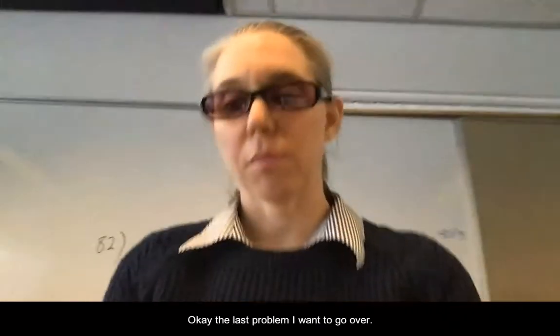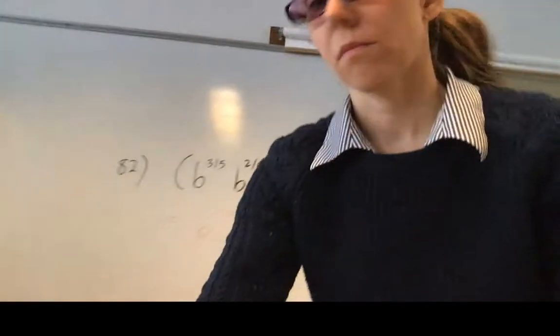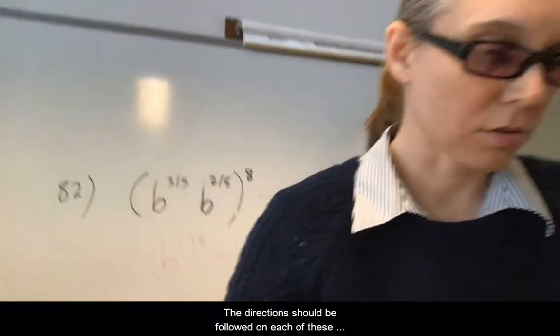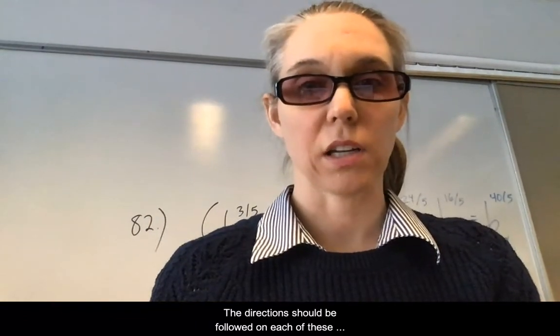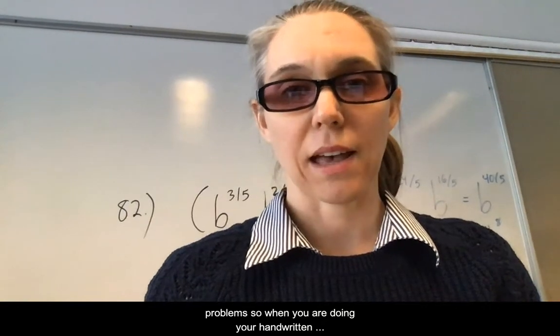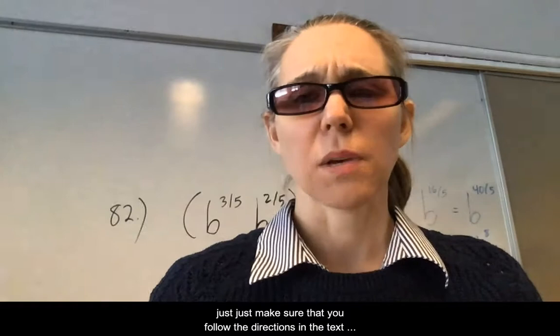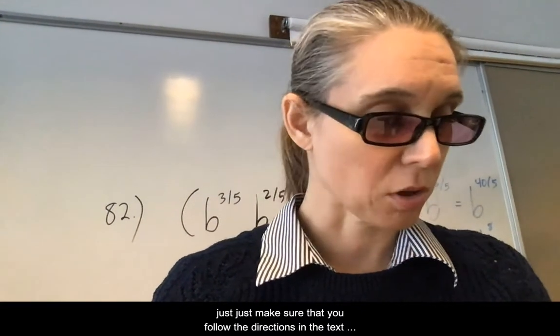Okay, the last problem I want to go over is number 104. And the directions should be followed on each of these problems. So when you are doing your handwritten homework that has to have work or intermediate steps, just make sure that you follow the directions in the textbook, okay?